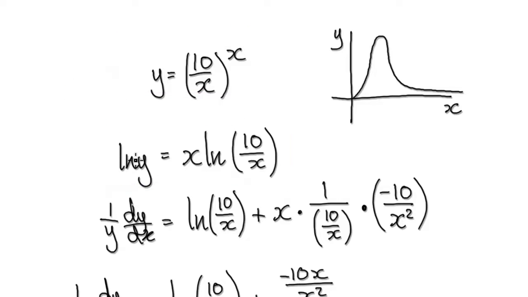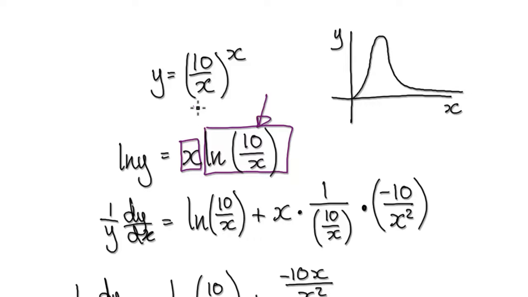And now use implicit differentiation. Differentiate natural log of y, that would be 1 over y. But because y is a function of x, you need to stick dy by dx in here. And looking at this, you've got one block multiplying another block. This block contains x. This block contains x. So you know you've got to use the product rule.